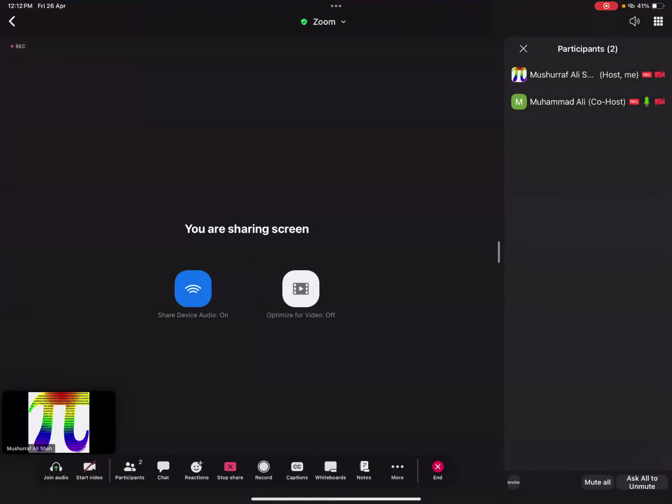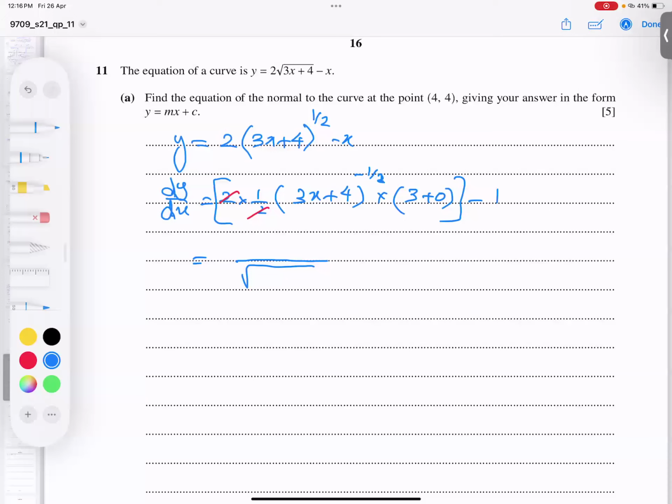So these 3 will come in the numerator, and this -1 is still there.